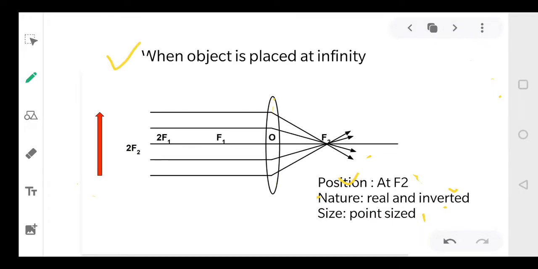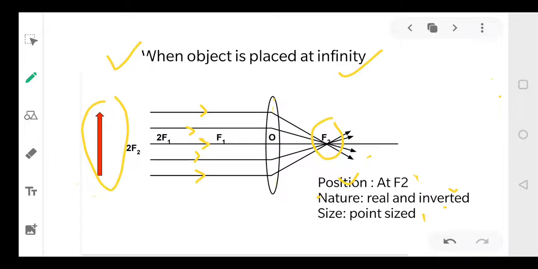Now suppose your object is at infinity. From infinity, all rays will come parallel, right? And after refraction, they will meet at a point which is called the focus, that is F2 here. So where is the object? The object is at infinity.